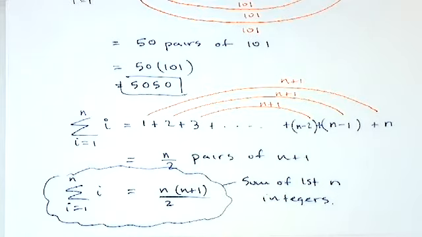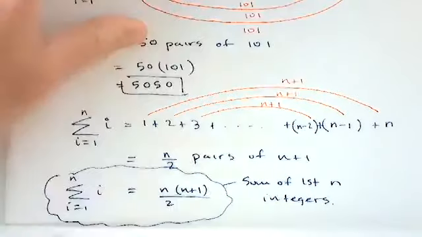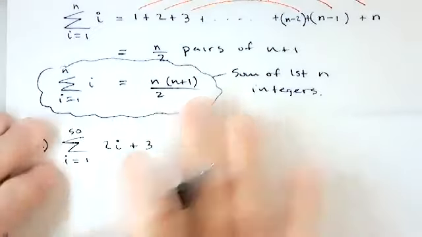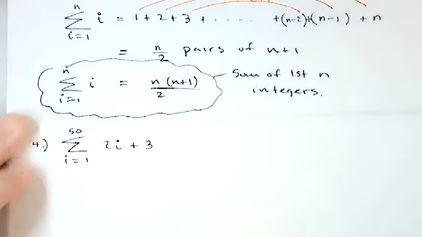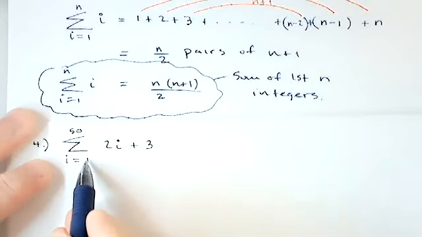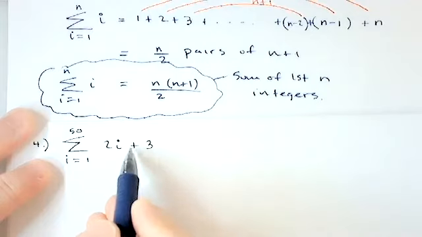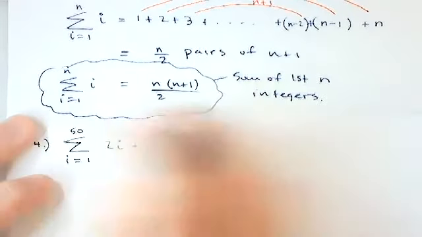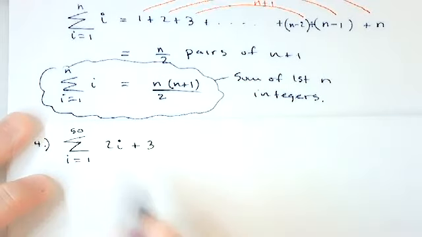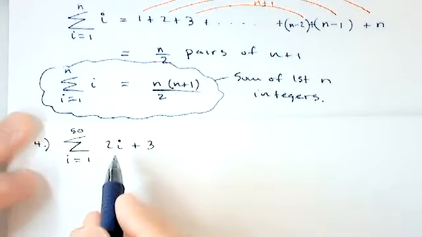I'm going to skip here because I'm looking at the clock. So for example, if you want to add the summation from 1 to 50 of 2 times i plus 3, we obviously don't want to plug in 1, 2, 3 into this whole thing and do it 50 times, right? So we're going to combine a couple of things.